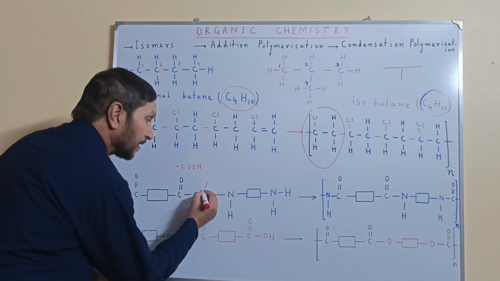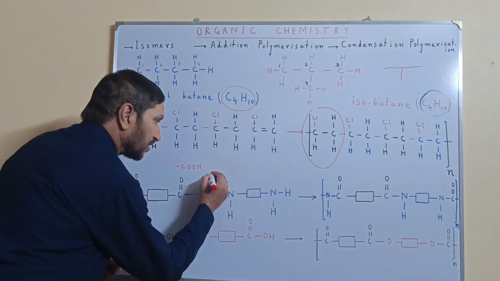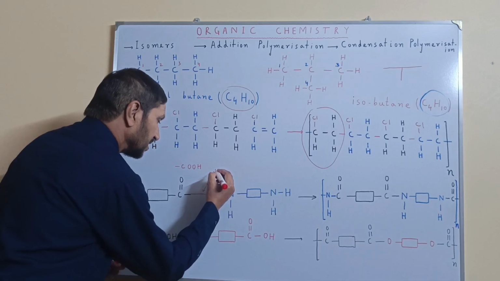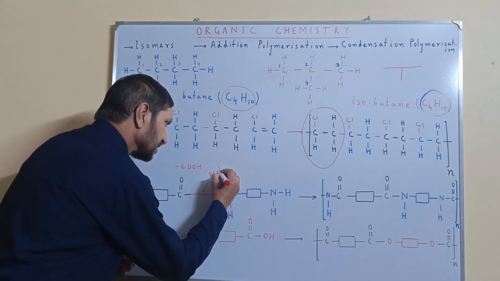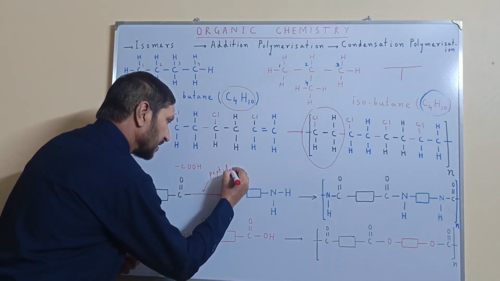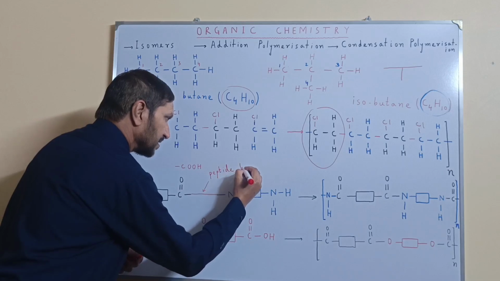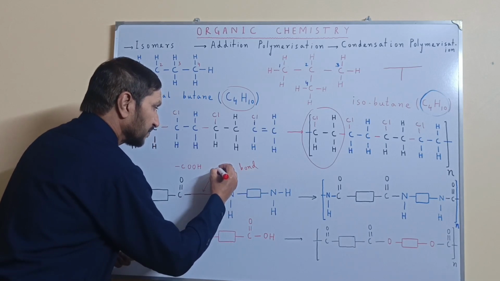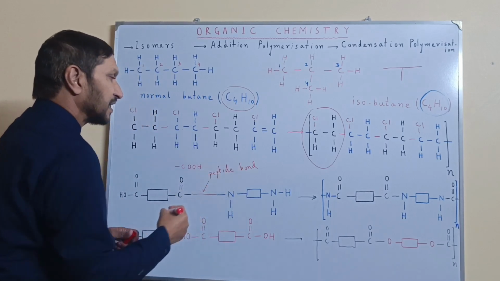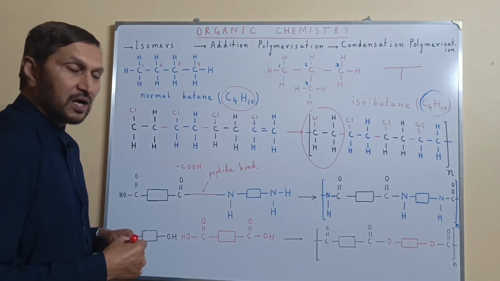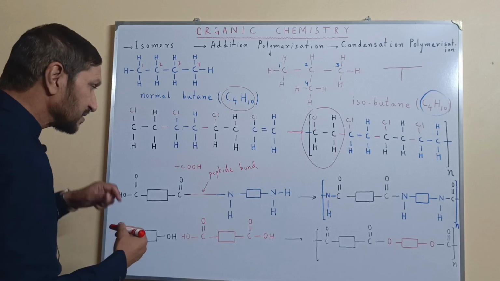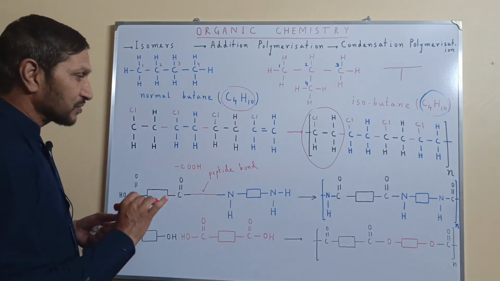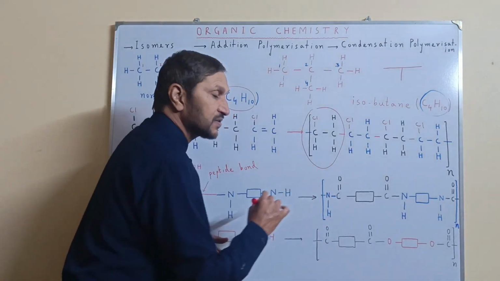This bond is called a peptide bond in biology, and in chemistry it is called a peptide link or amide link. So OCNH, the bond is the same. So in this way nylon is formed.